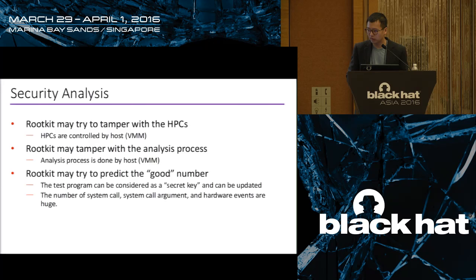The reason is that you can design the test program in so many different ways because of the large number of system call arguments and events. You can create a huge number of different test programs. Even if the rootkit tries to guess one of your test programs and figures out the good numbers, you can always update your test program.